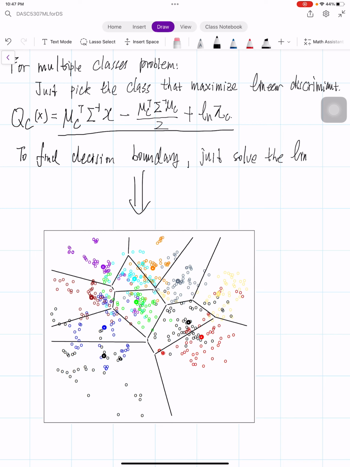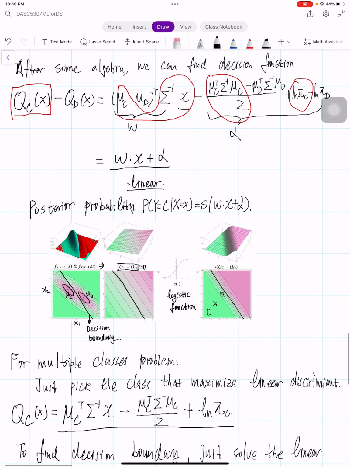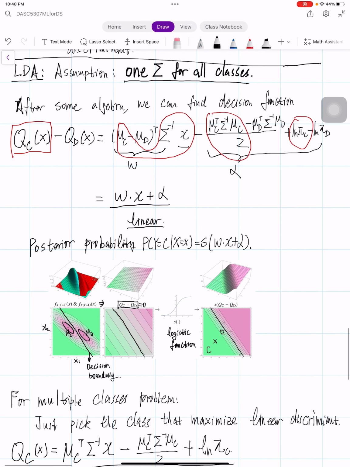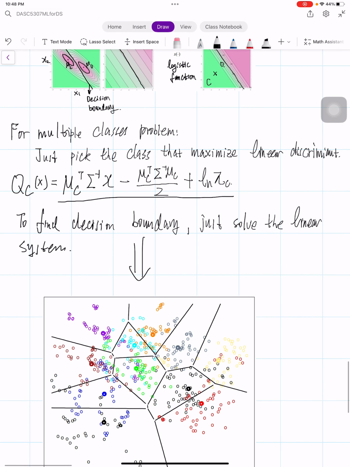Because omega dot product with x plus alpha, you set this equal to 0 and solve for x.